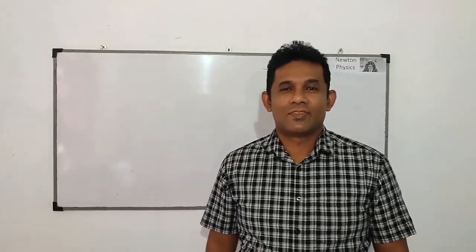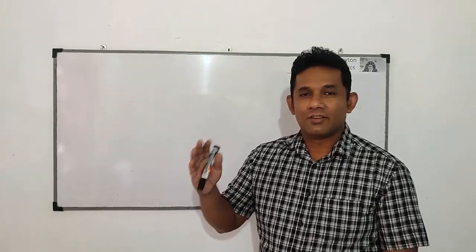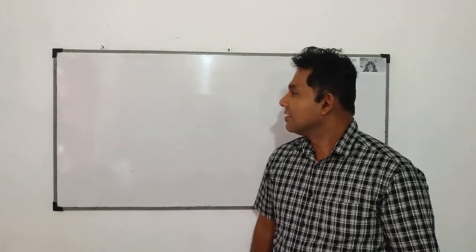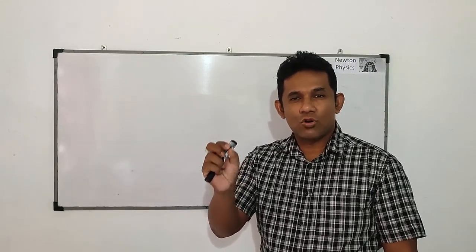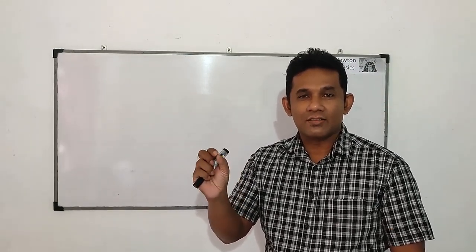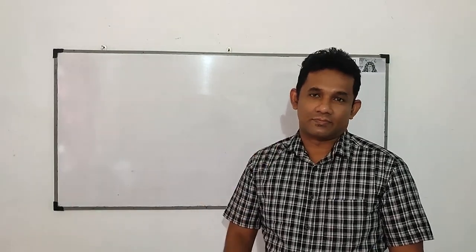Hi everybody. Today we are discussing an object which falls freely under gravity, and here I will give you a very short method to find the distance traveled in a given second.